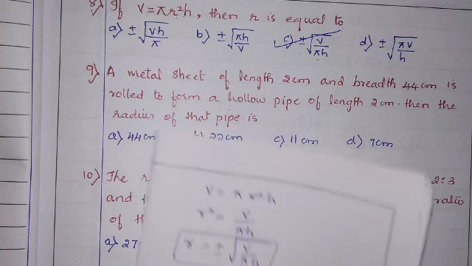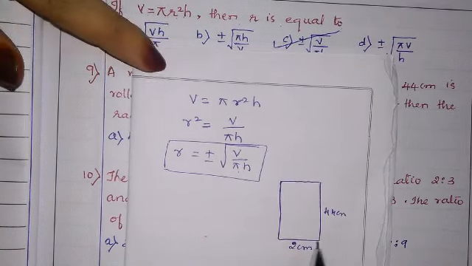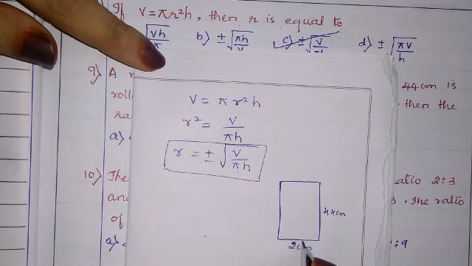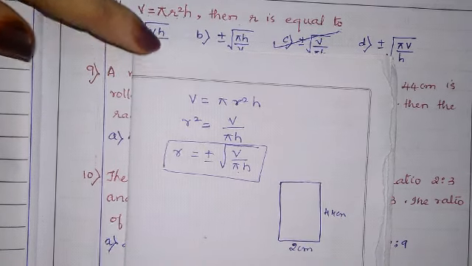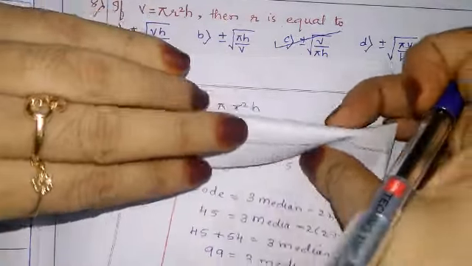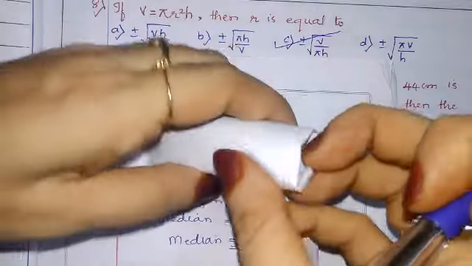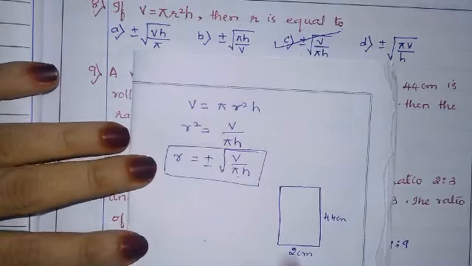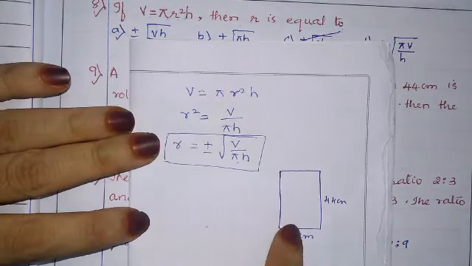Then the radius of the pipe is, okay, now we can see, if we roll this rectangular shape, we will get the circumference, and this is the length. Now if we roll this, the length will be 2.